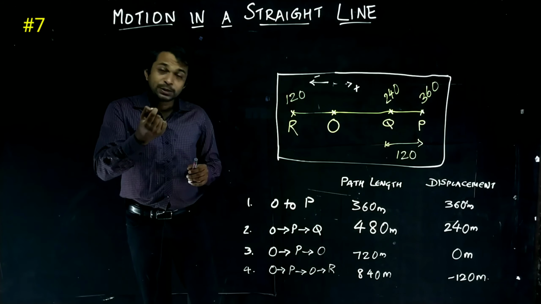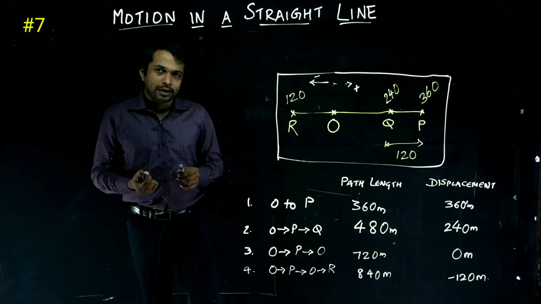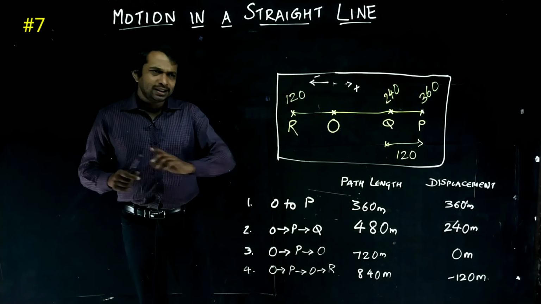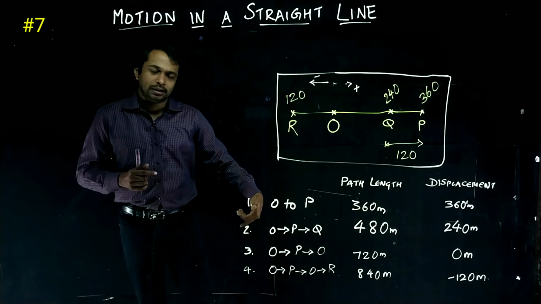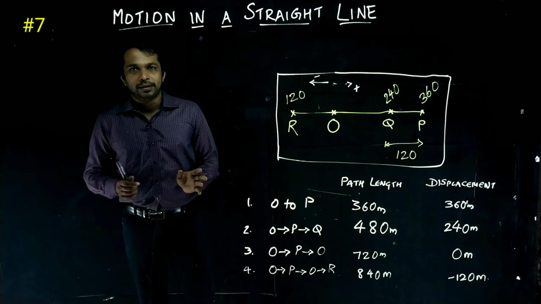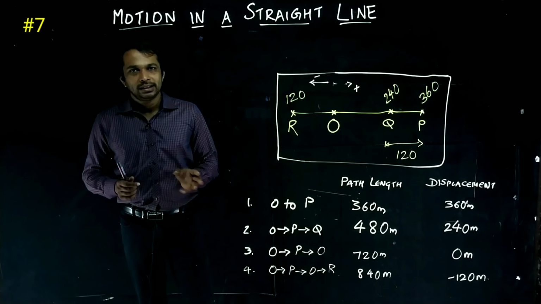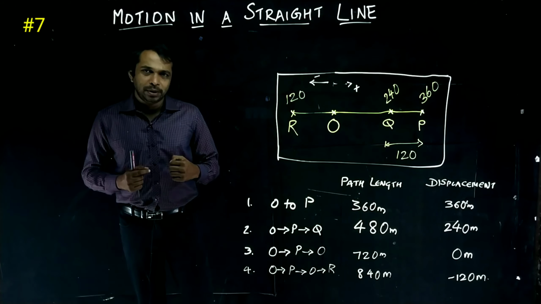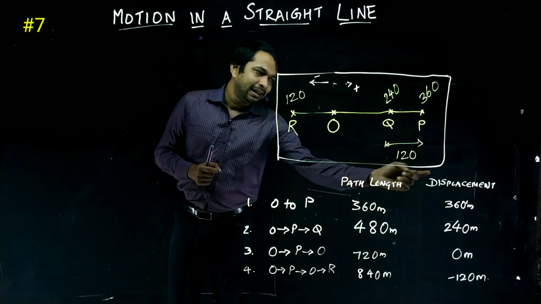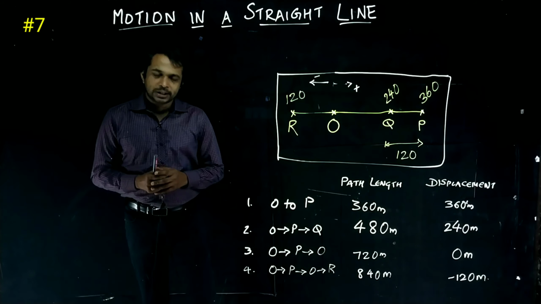Okay, so displacement is a vector quantity, but path length is simply the sum of all the distance that the object has traveled. That is simply a scalar quantity. Okay, these 3 points you have to keep in your mind when it comes to the difference between path length and displacement.